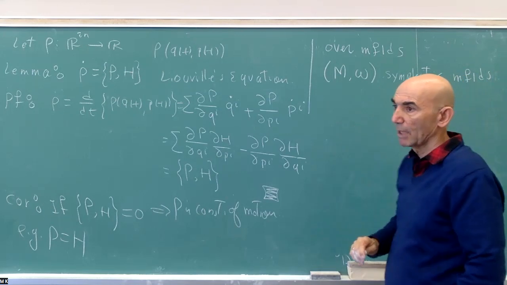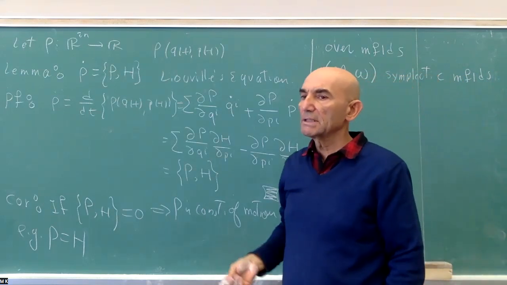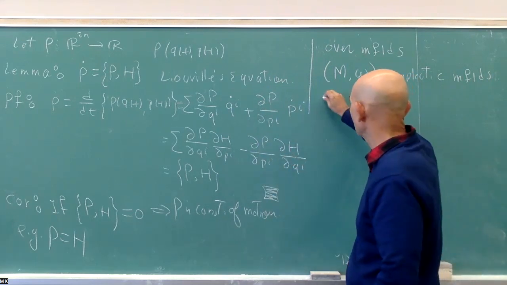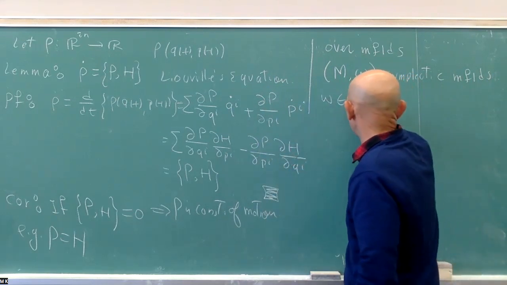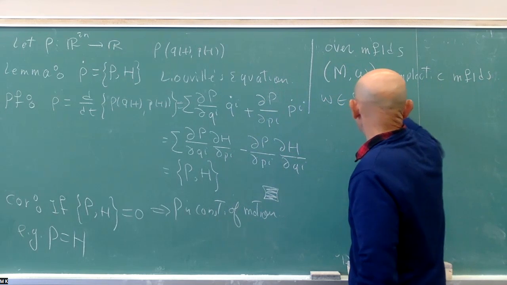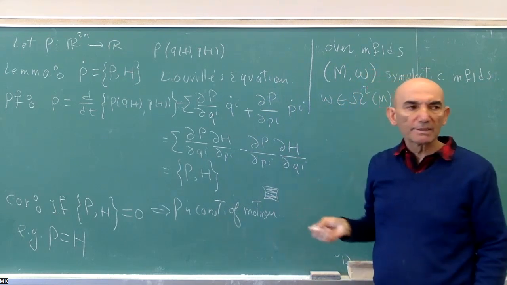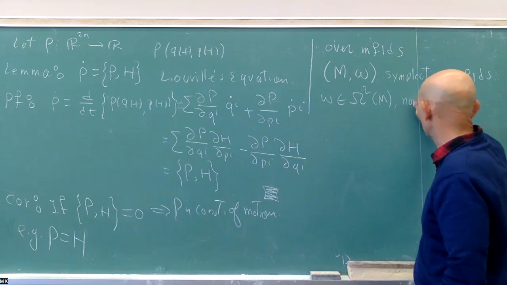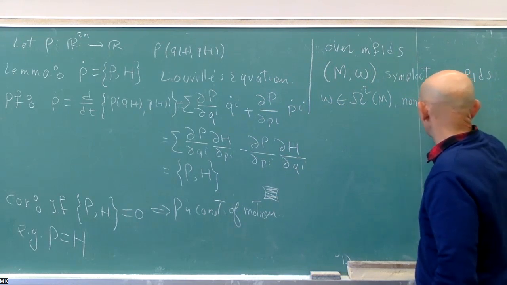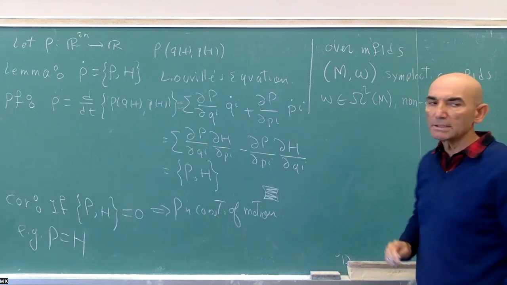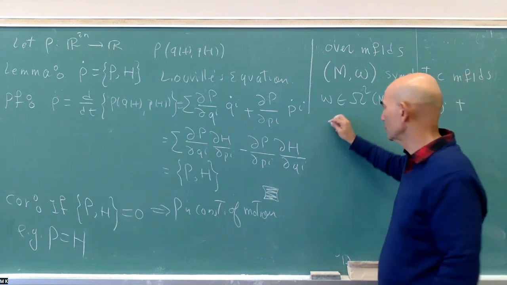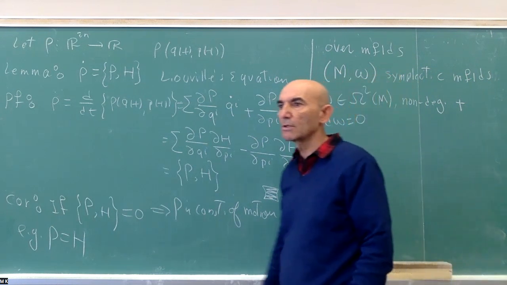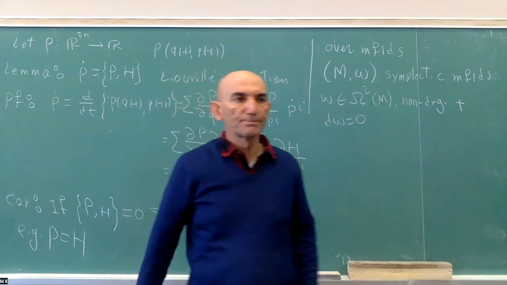What is a symplectic manifold? I mean, very simply, this omega is a differential two-form, omega is non-degenerate, and is closed: d of omega is equal to 0. These are called symplectic manifolds.